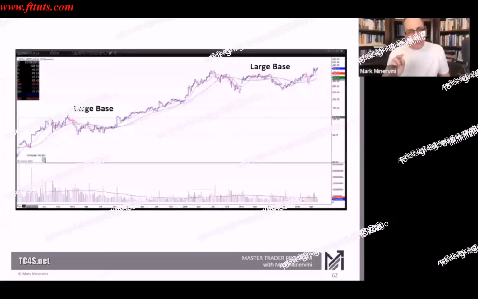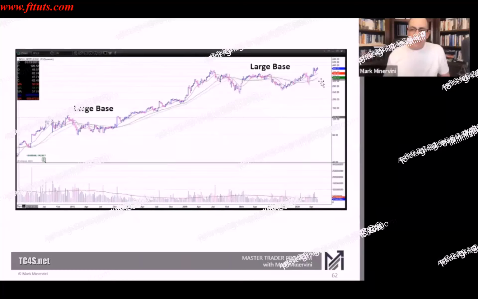Another thing, there's a few caveats when you're looking at these charts and the trend analysis. When you have very large bases, or bases that had a big decline or several big declines, like here with Netflix, where you came off, you rallied, you came off again, and now you've had a few good sized declines and moved sideways for a long period of time, you can sometimes get where the moving averages flatten out during that basing period, and then when they turn up, it's an early turn.